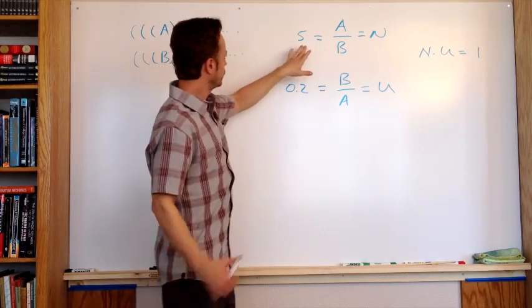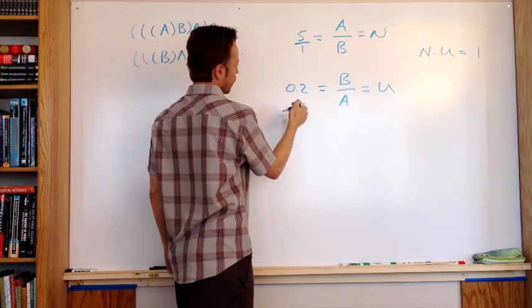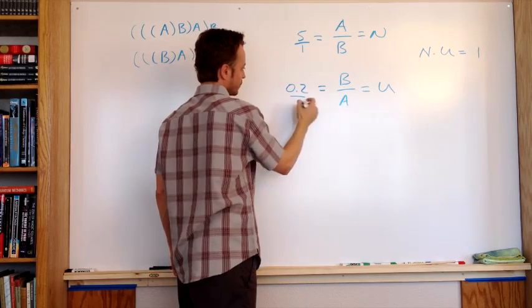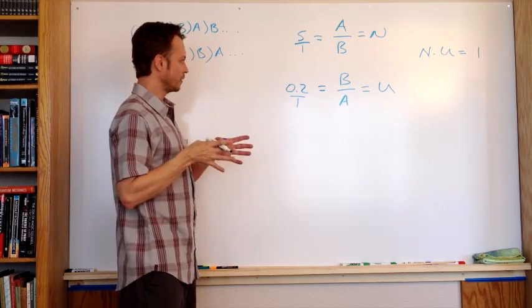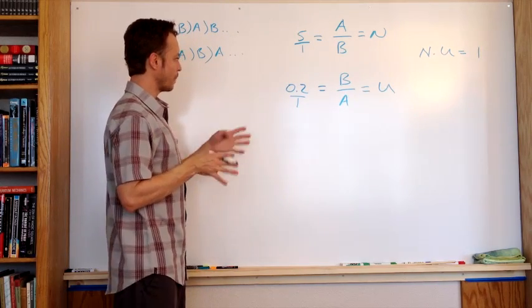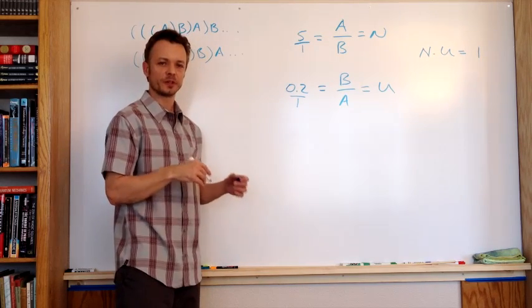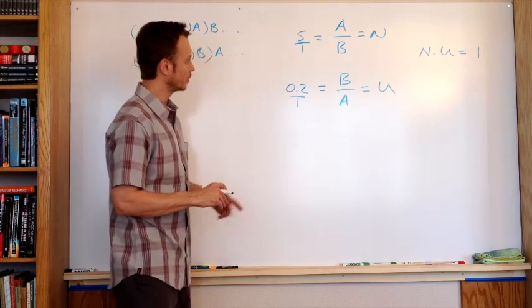So that for every 5 minutes A experiences, B experiences 1 minute, or for every 0.2 minutes B experiences, A experiences 1 minute. And the units don't matter here, because it's the issue of the infinite frames of reference and how to account for that.